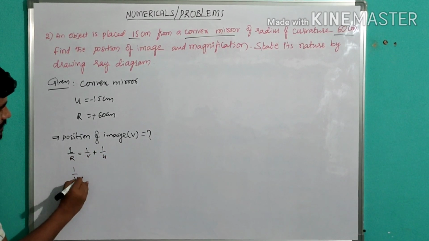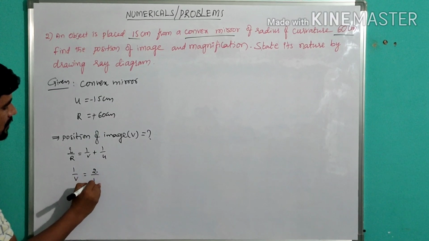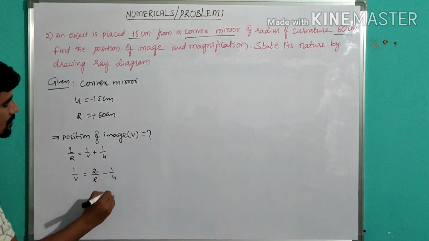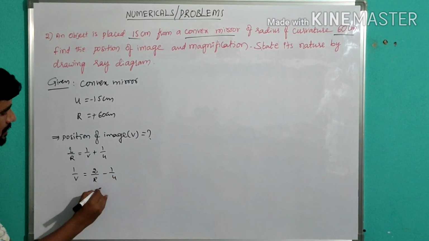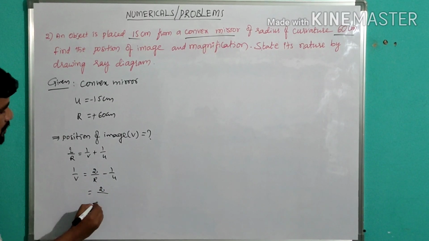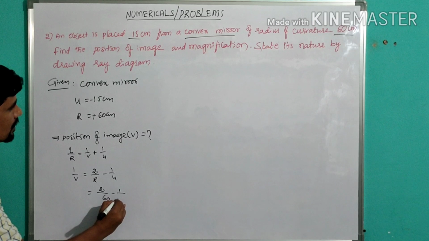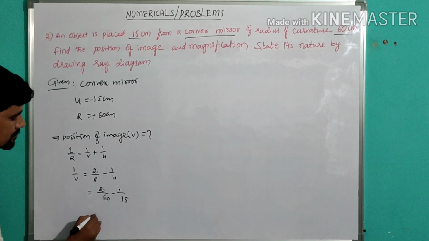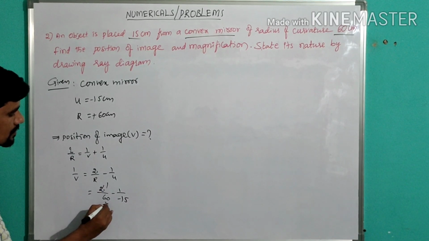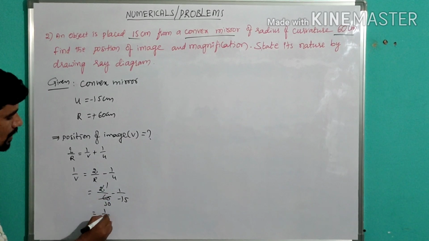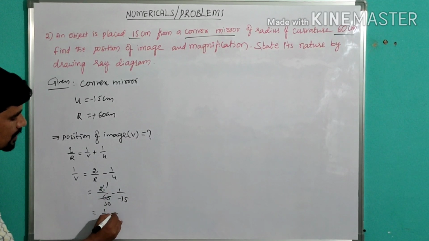Write 1 by v as the subject, 1 by v equals 2 by r minus 1 by u. Now substitute the values. 2 by r value 60, minus 1 by minus 15. 2 1s are 2, 30. 1 by 30, minus of minus, plus 1 by 15.